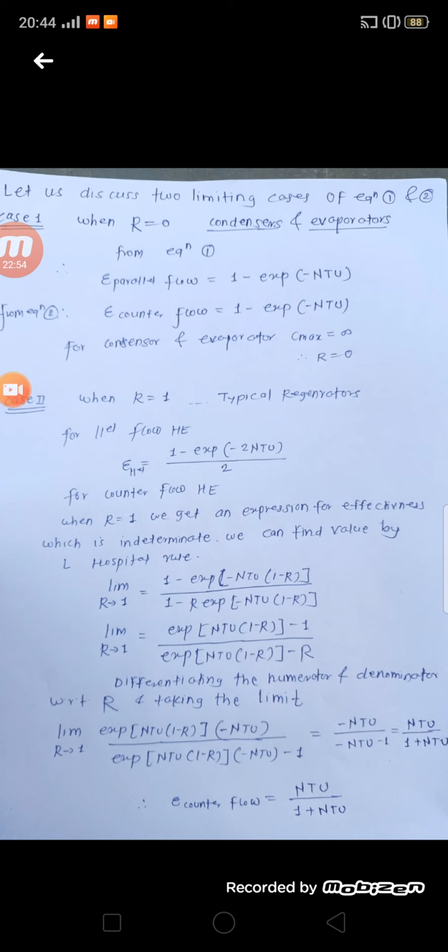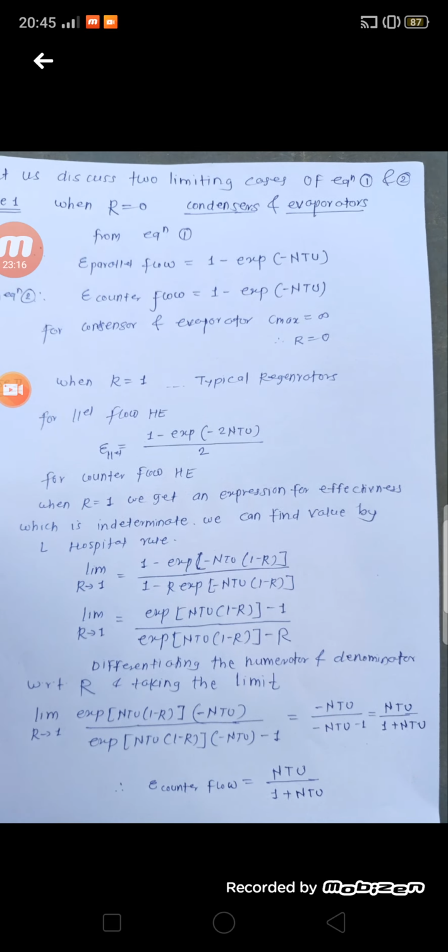So put the value of R is equal to 1. By putting R is equal to 1, this term becomes 0, that is e raised to 0, which is nothing but 1. So what is remaining? Minus NTU. Similarly, in the denominator, e raised to 0 is 1, so minus NTU is present, times 1, minus 1. We take the negative sign common, so the negatives cancel.